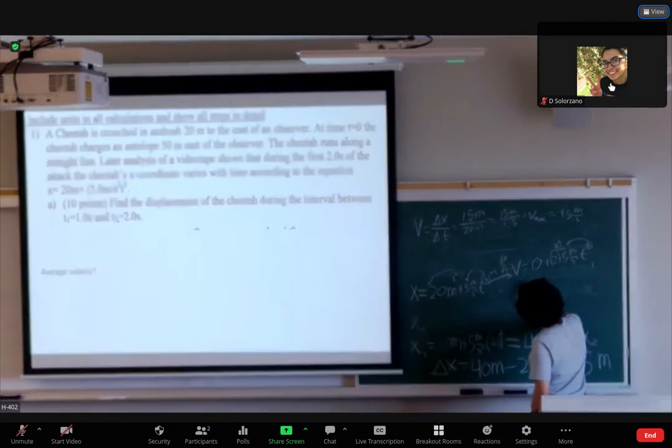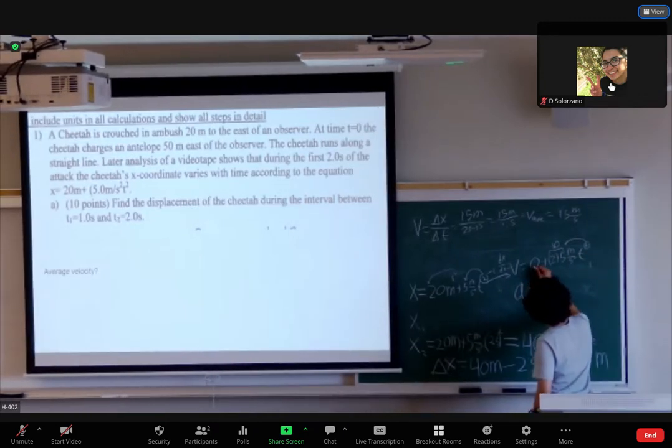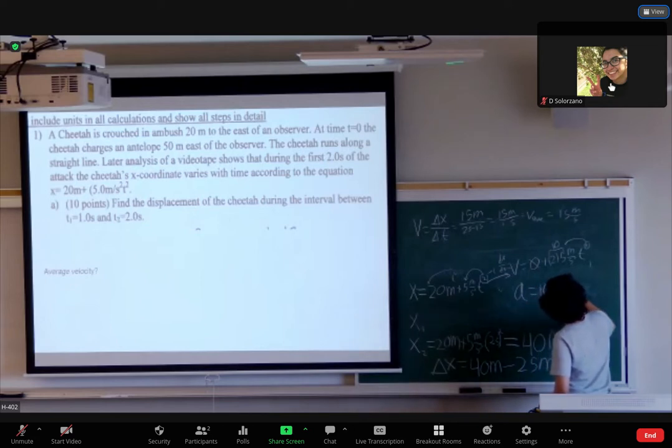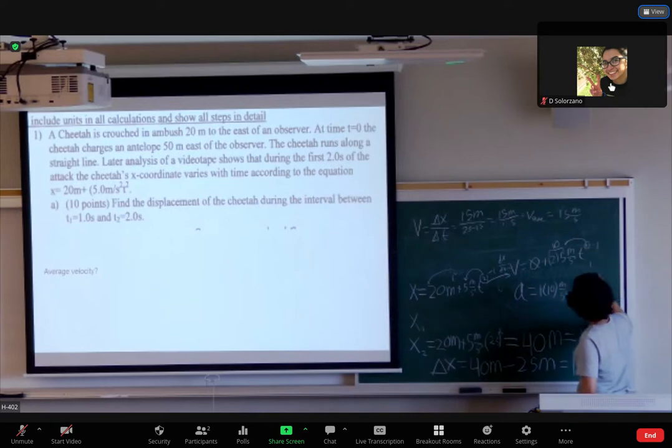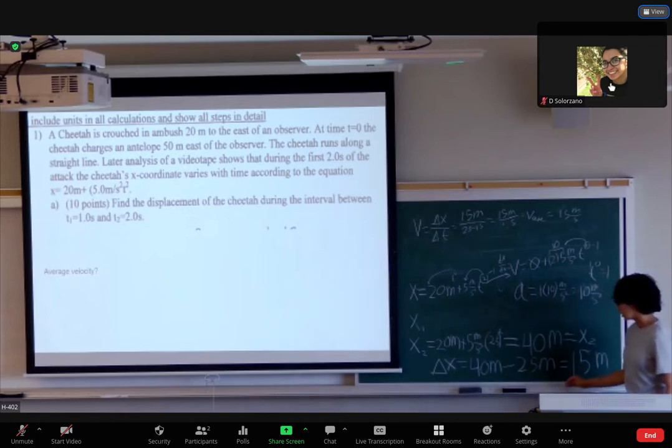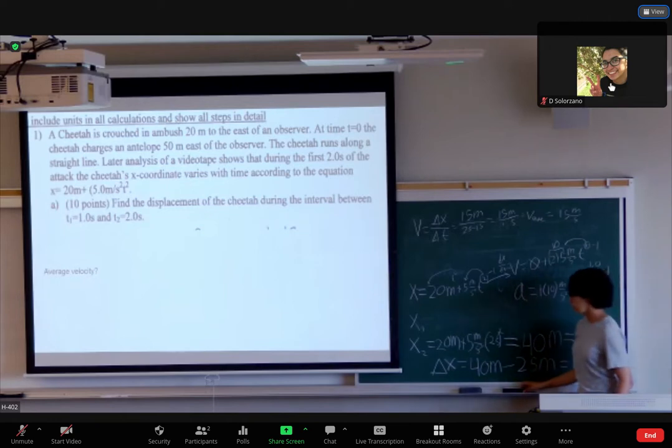And you're going to have acceleration is equal to, that's still 0, 1 times 10 meters over second squared. And that t is going to disappear because this is going to be a t to the 0 power equals 1. So then that's going to equal 10 meters over second squared. So that tells you that the cheetah had a constant acceleration because there's no t here, so it's not a function of t. It's just like the straight number.